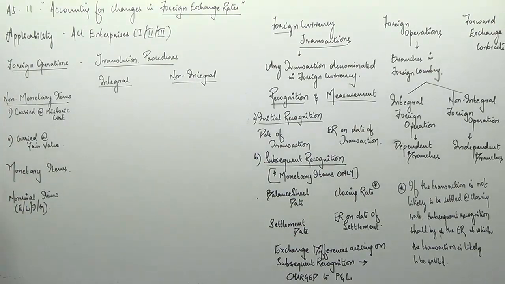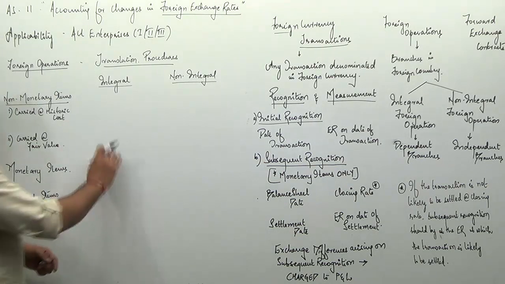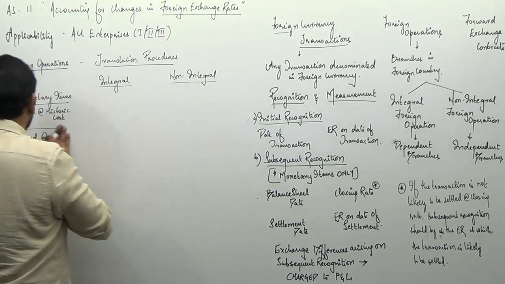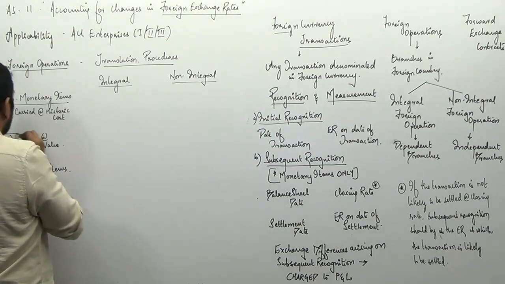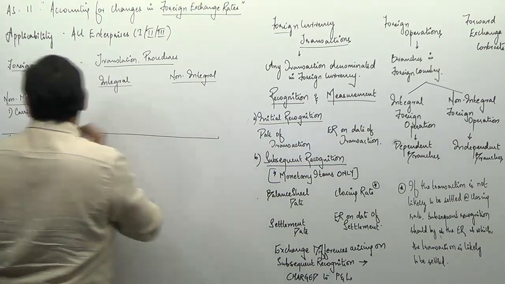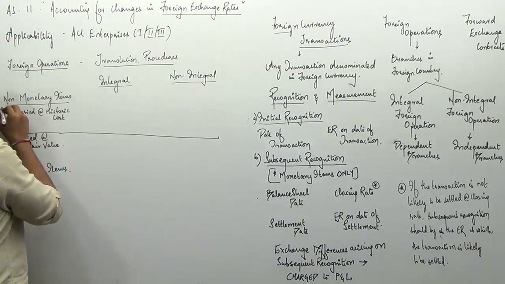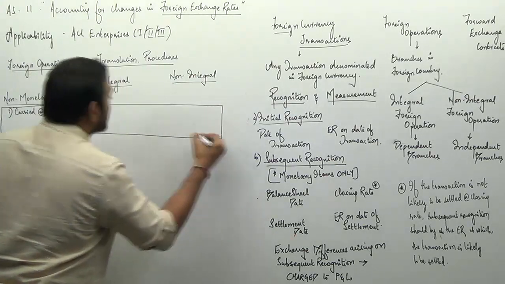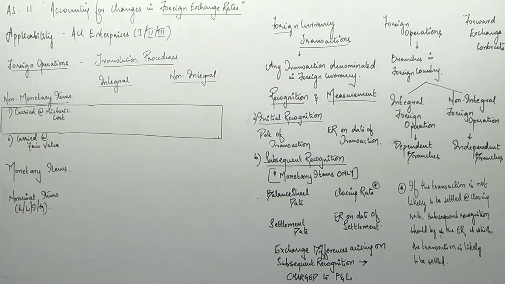We have to check how to translate. The first part, that is non-monetary items carried at historic cost. This is the crux for the translation, because this is the only point of difference between integral and non-integral.